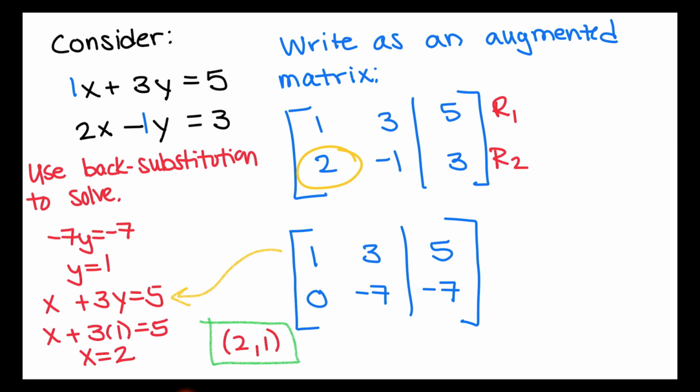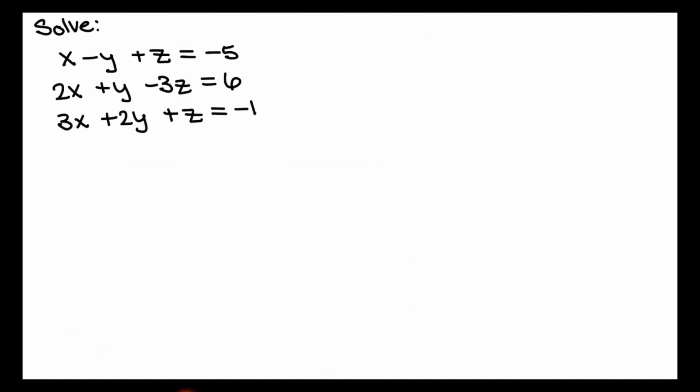That's the great thing about this method: we can use it for any number of linear equations and any number of variables. So for example, here is a system with 3 equations and 3 unknowns. And so let's see how this system works using this matrix method.